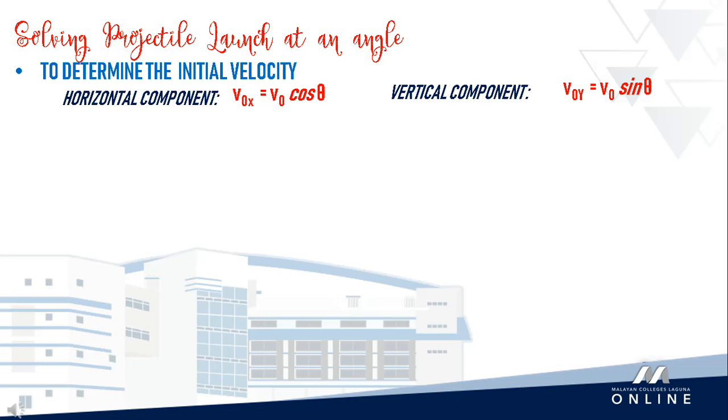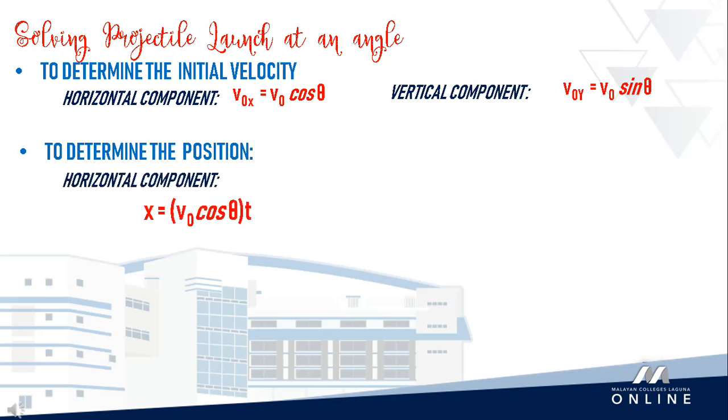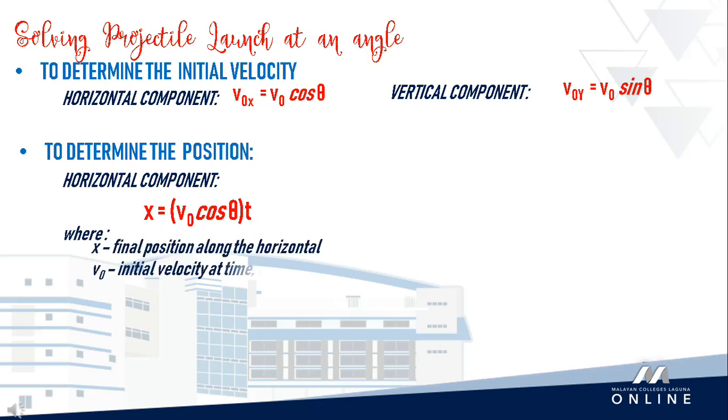To determine the positions of a projectile launched at an angle at time t, we will use this equation, where x is the final position along the horizontal, v sub 0 is the initial speed of the projectile at time t, and theta is the direction of the projectile along the horizontal at time t, and t is the elapsed time.